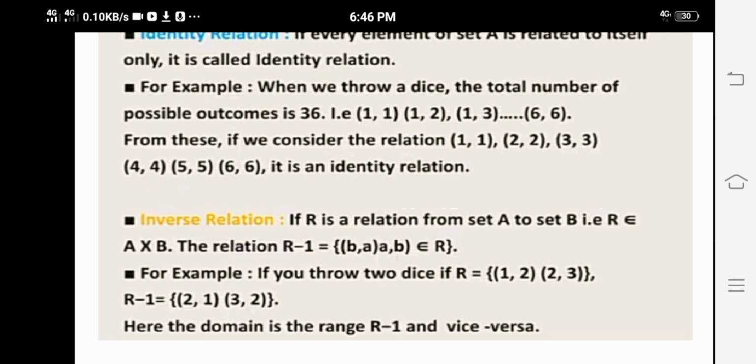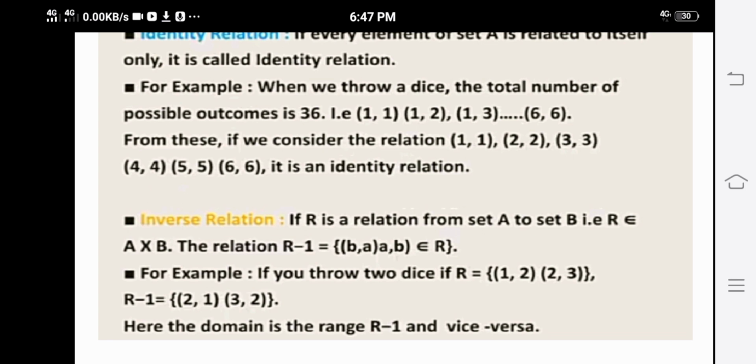Inverse relation. If R is a relation from set A to set B, for example, R is an element of A times B, the relation R negative 1, or inverse relation, is equal to the set of ordered pairs B, A such that A, B are elements of R. For example, if you throw 2 dice, if R is equal to the ordered pairs 1, 2 and 2, 3, therefore the inverse of that relation is 2, 1 and 3, 2.